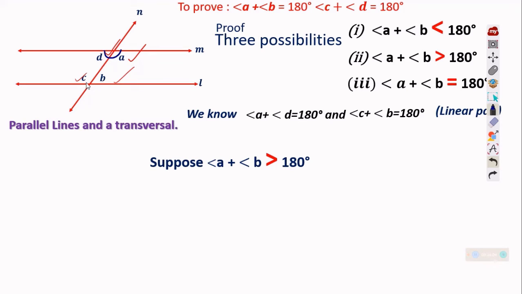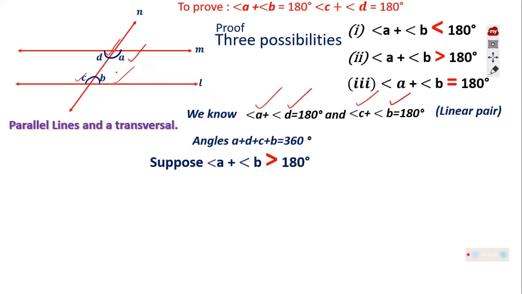On a line. Okay, so that we know, then if it is 180, angle A is here, D is here, C is here, B is here.